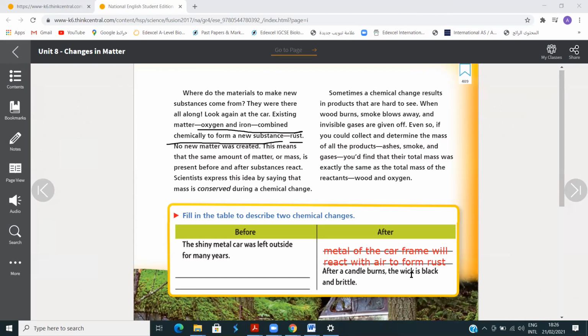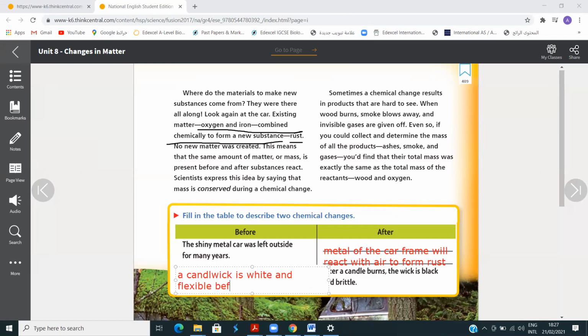After the candle burns, the wick is black and brittle. Before that, we can see the candle wick is white and flexible, before it is lit.